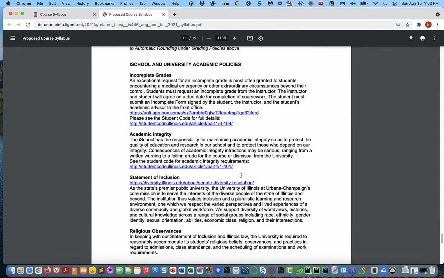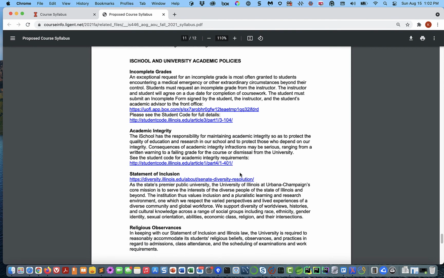Okay. Now, the very last section here is both kind of really interesting and maybe a little boring. How's it boring? Well, these are things that should appear on every syllabus from our department. If you've already taken a bunch of courses in our department, you've probably seen a lot of the language that's here.